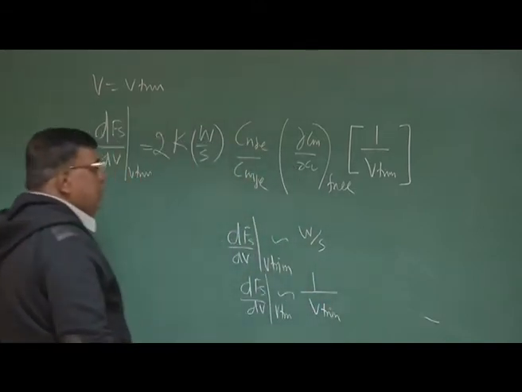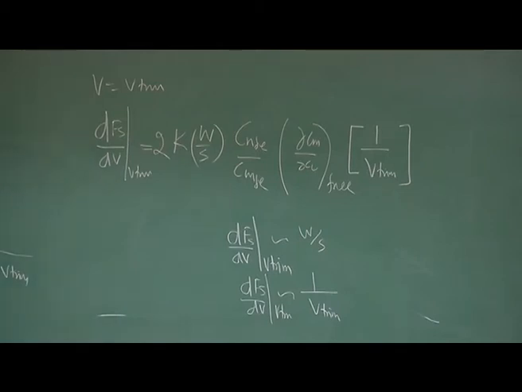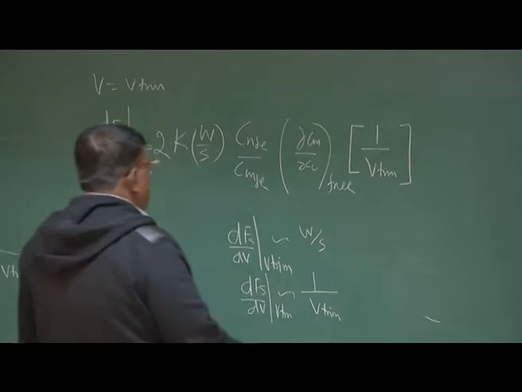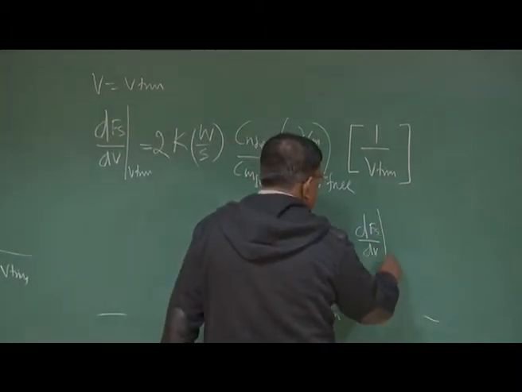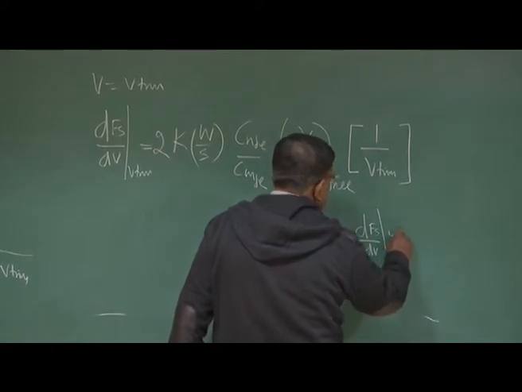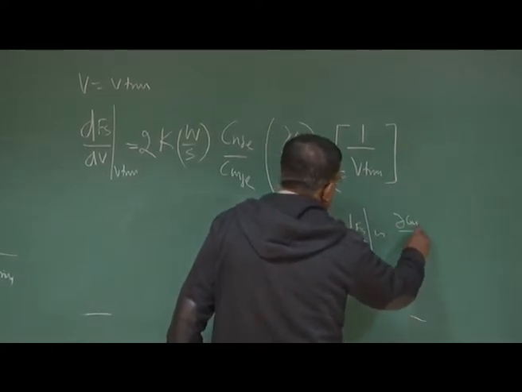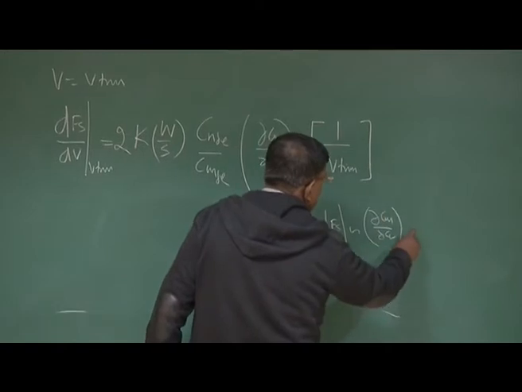That is, if I am trying to trim at lower speed, dFs by dV will be more. It goes inversely. And also another thing which we are looking for, dFs by dV at V trim is proportional to dCm by dCl free.